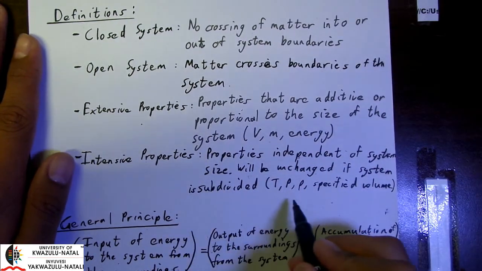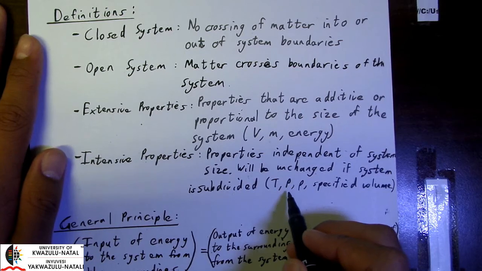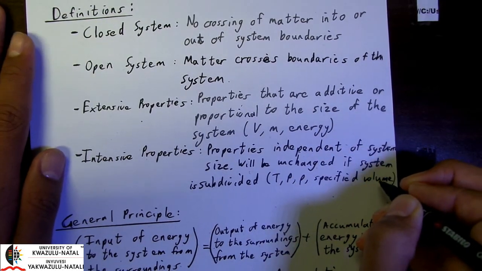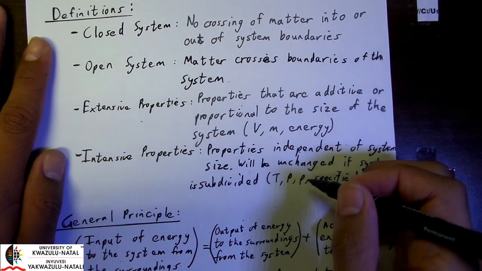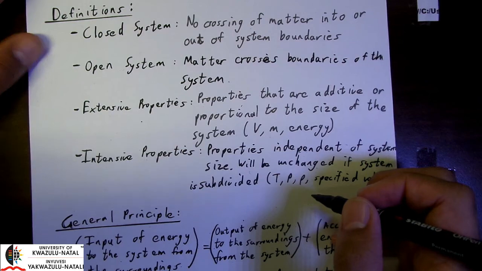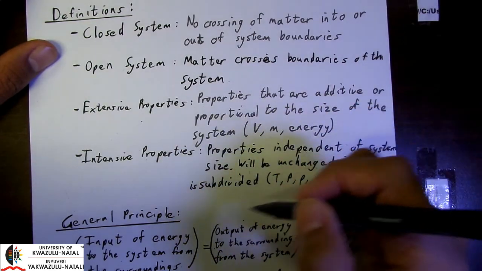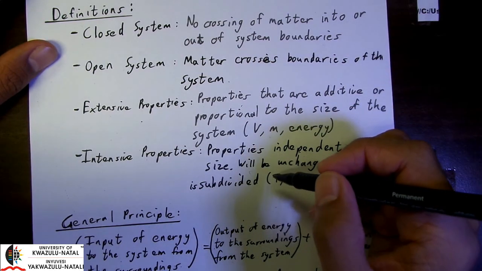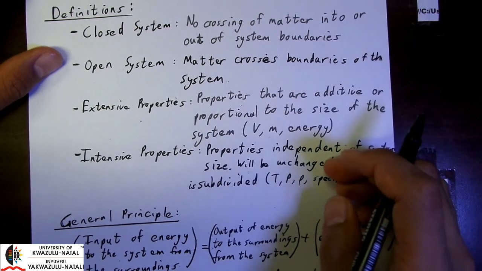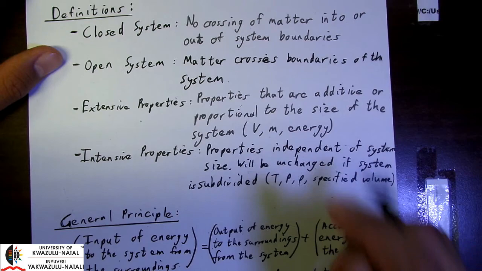And examples of these properties include temperature, pressure, density, specific volume, and even things like concentration. So if you look at your can of Coke and if you look at a 2-liter bottle of Coke, the concentration of all of the ingredients are the same, so therefore your Coca-Cola will taste the same.